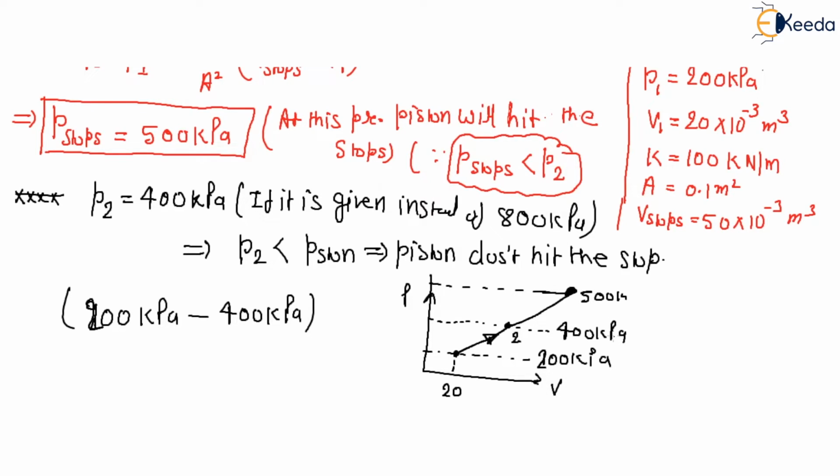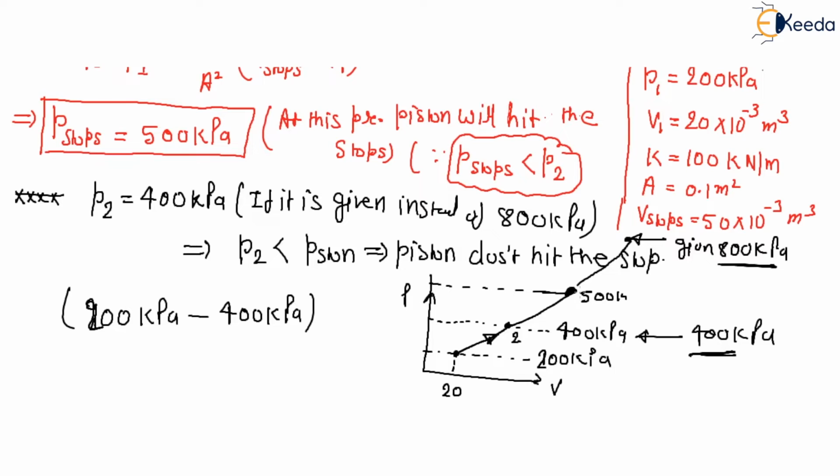If this is given as 400, now again given as 800. So if instead of 800 kilopascal the question gives 400 kilopascal, the piston will not hit the stop. Why?